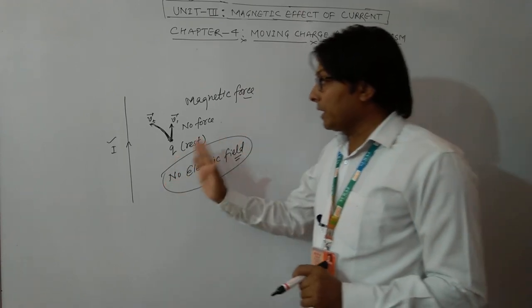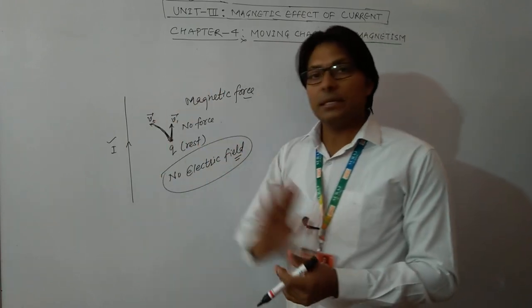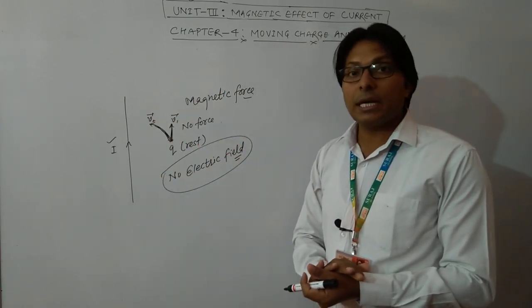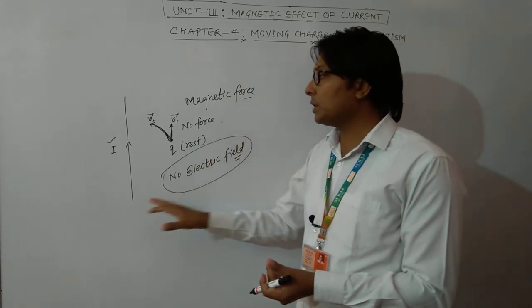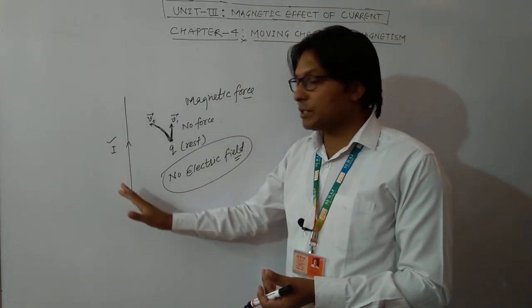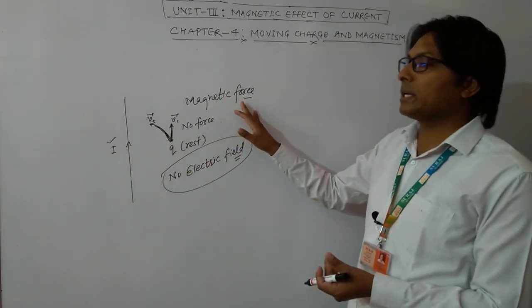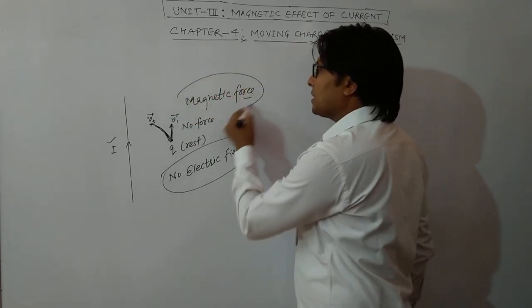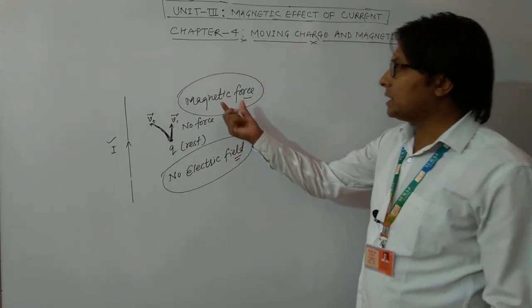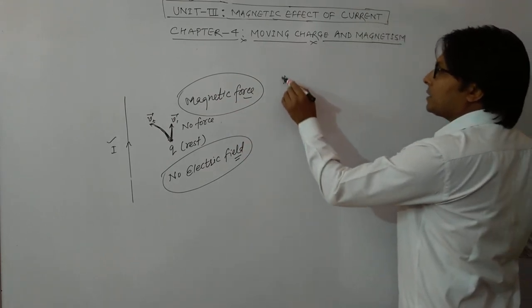But when we move this charge, then definitely this charge experiences a force, and this charge is experiencing the force due to the magnetic field which is produced by this current carrying conductor. Hence this force is known as magnetic force. So now our concentration would be on discussion of this magnetic force. So let us talk about magnetic force first.